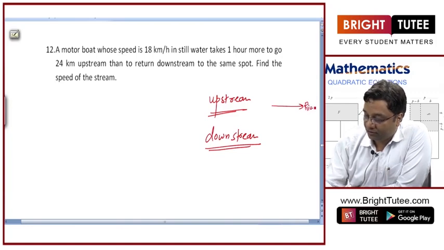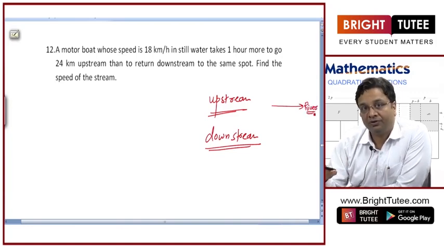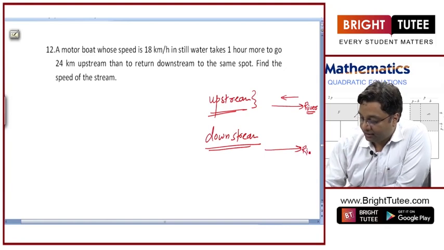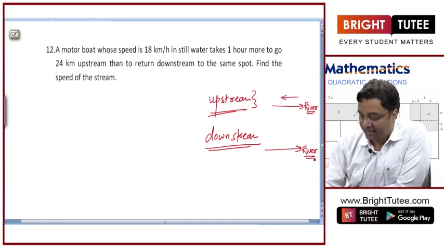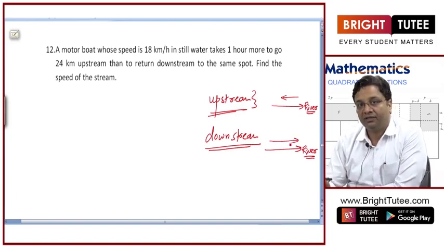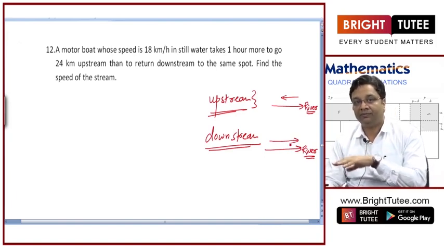This is the direction of flow of the river. If I go against the direction of flow, this is known as upstream. Let's say the river was flowing in this direction, this was the direction of the stream, and if I go with the stream, this is known as going downstream.